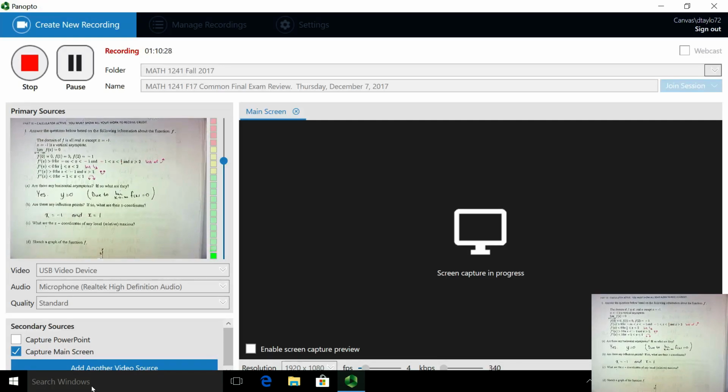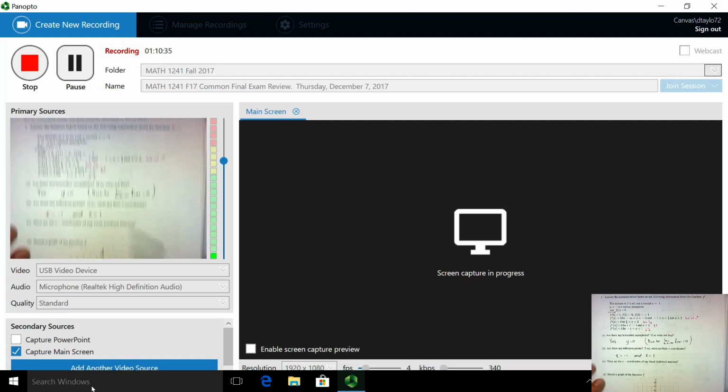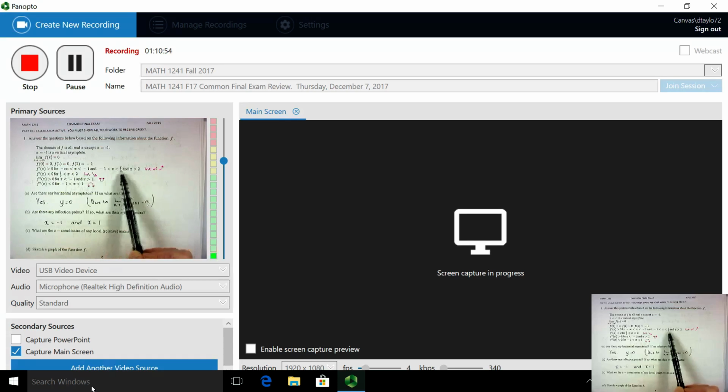In part C, what are the x coordinates of any local relative maxima? Okay, so a local max. Let's come over here to the first derivative again. I can see that from negative infinity to negative 1, the first derivative is positive. Do you think negative 1 is going to form a critical point, or a relative maxima or minima? No, because on the interval from negative 1 to 1/2, the first derivative is also positive. So I'm increasing on this interval, and then I continue to increase on this interval.